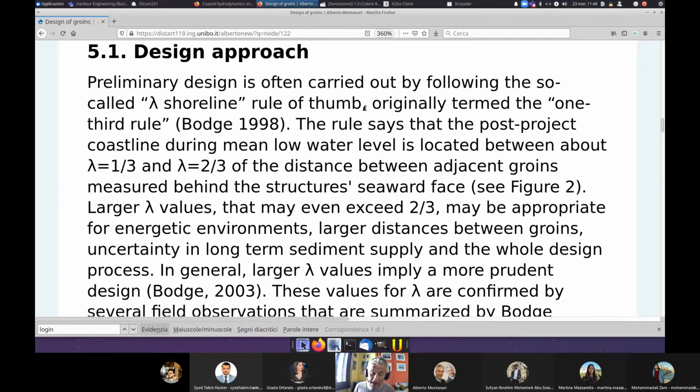And then if you realize that they are not effective, you can elevate them, and you can design them in a way that they can be elevated. Of course, this requires a careful preliminary evaluation. A structure doesn't become flexible later; you have to design it to make sure that you have flexibility. For instance, if you want to elevate a groin, you also have to widen the base of the groin.